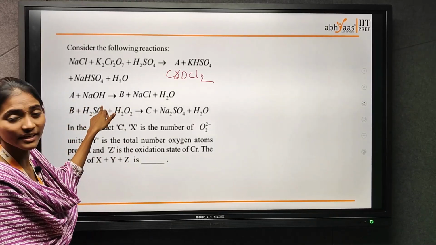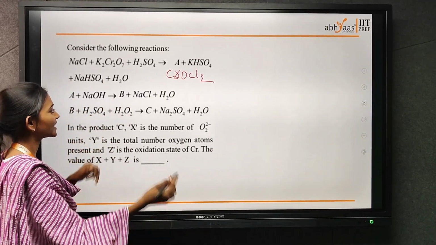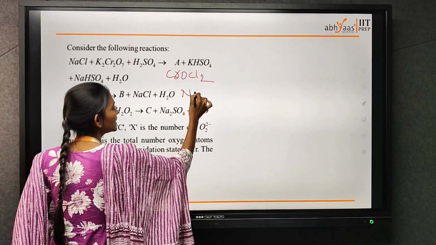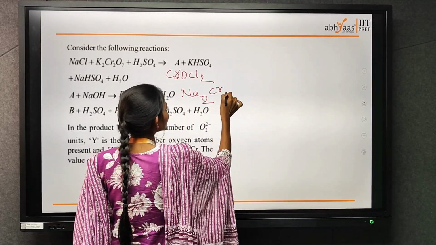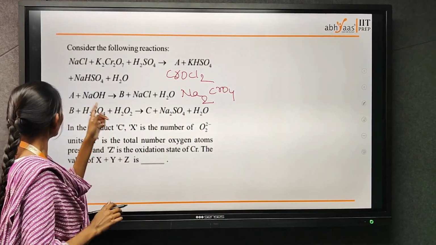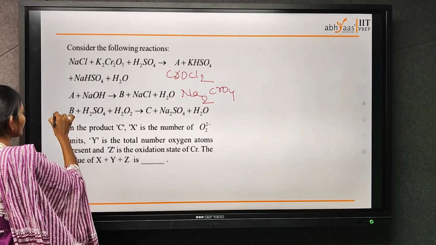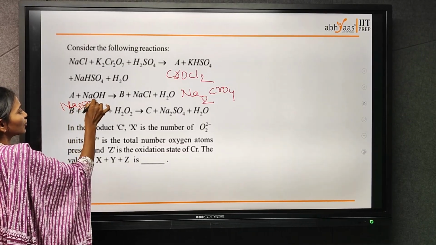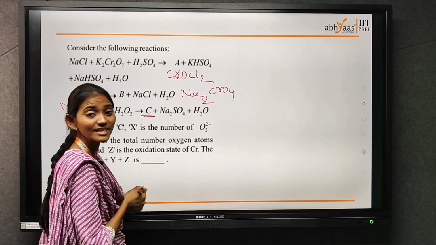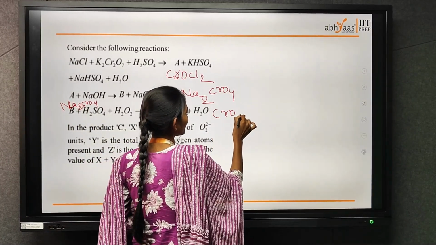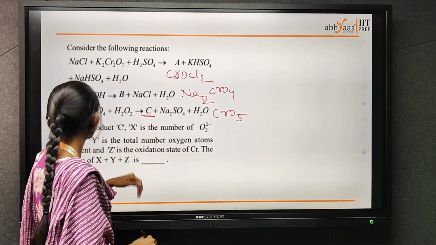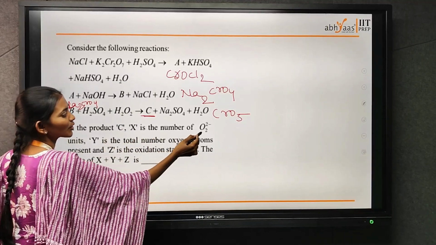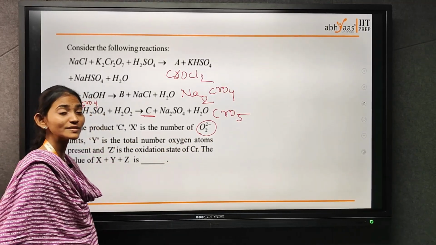And upon reacting with sodium hydroxide, we are getting Na2CrO4. And when reacting with H2O2, you are getting your molecule, which is CrO5. And what they are asking here: in the product, X is the number of peroxide linkages. Write the structure of CrO5.